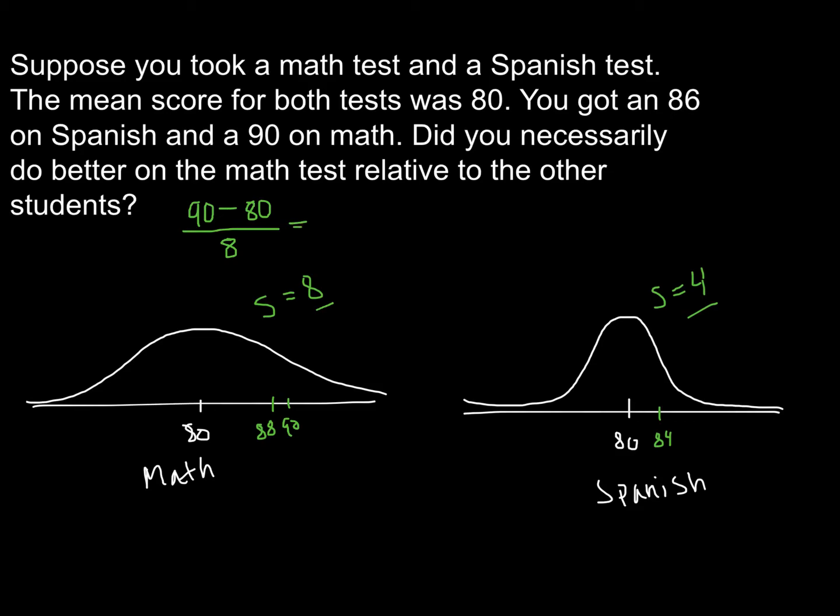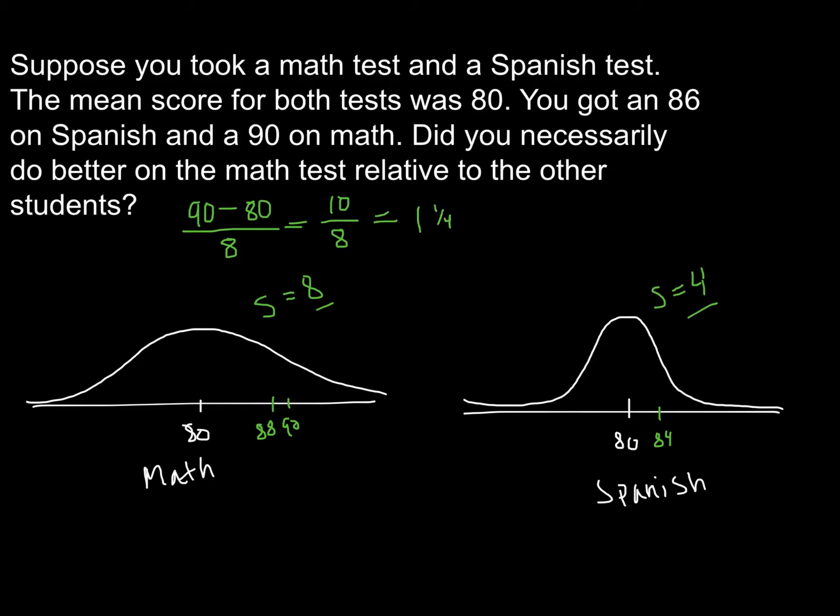And so what I'm going to find is that my math score was 10 units away from the mean, and a standard deviation is 8 units, 8 points. And so if I have something that's 10 and I'm measuring it in terms of something that's 8, 10 divided by 8 is going to be 1 and 1/4.